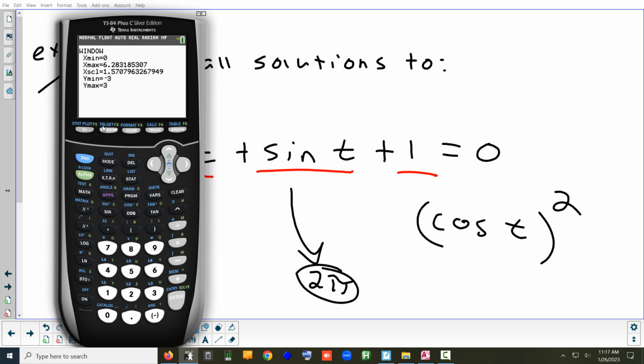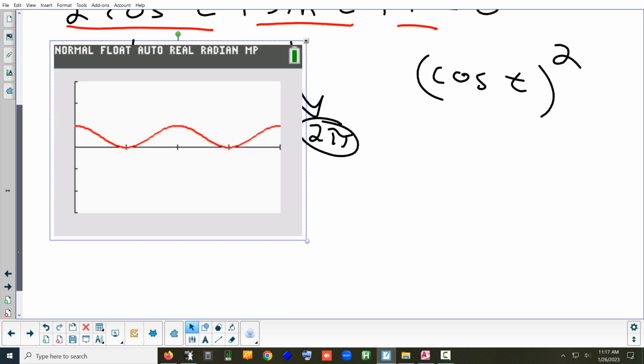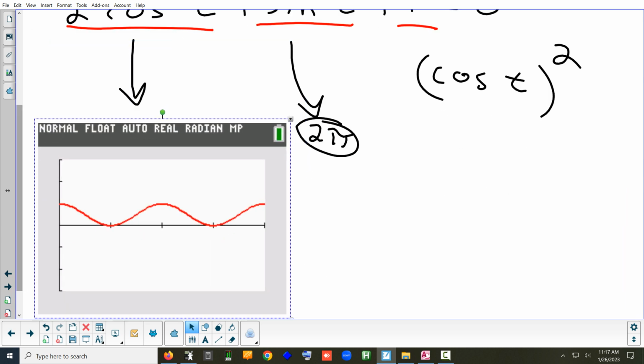Okay, let's set a window from 0 to 2 pi, and I'm going to graph it. So we know what we set the window to. How many times does it look like cosine squared is repeating? Twice.